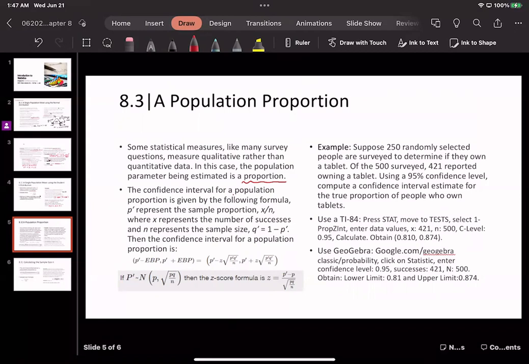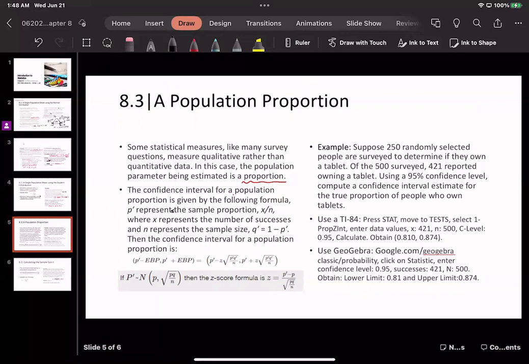Let's recognize some notation first. The p-hat represents the sample proportion, which is x divided by n, the number of successes over the sample size, where x represents the number of successes and n represents the sample size.